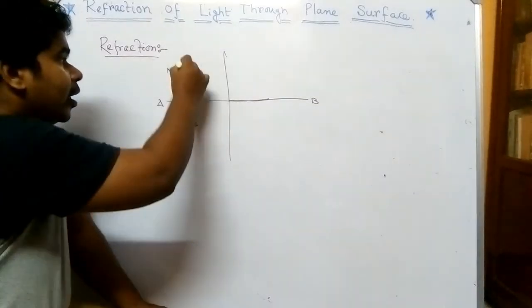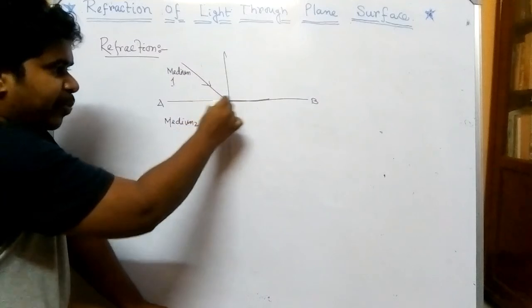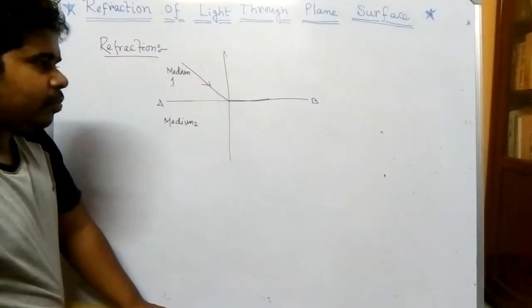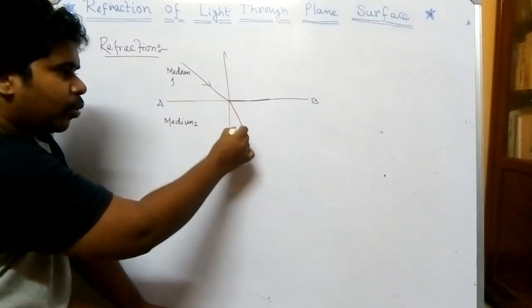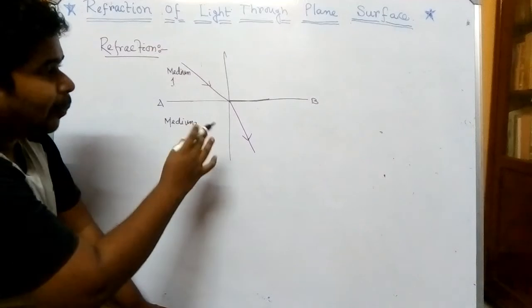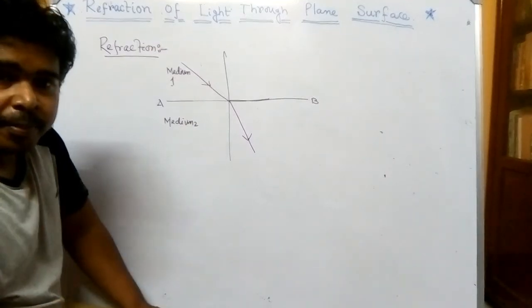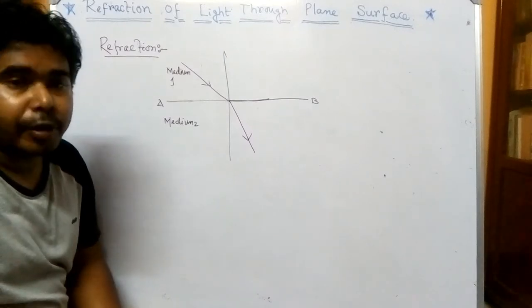When the light ray coming from medium 1 is incident on the separation between the two mediums, the light ray bends when it travels into the other medium. Its path is bent. That property is known as refraction.